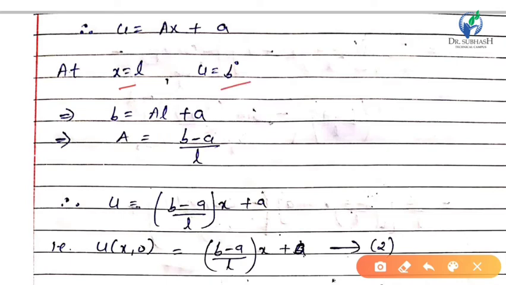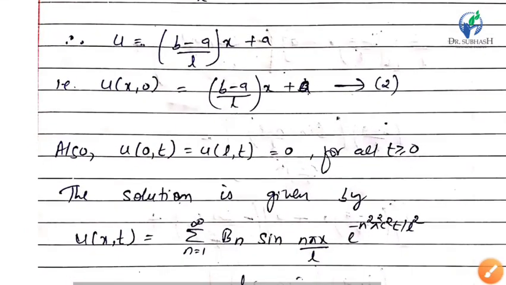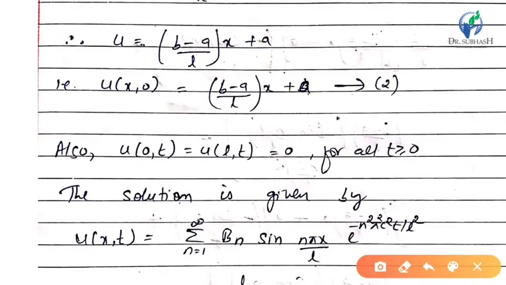So when I put this in equation u equal to ax plus a, I get B equal to a into L plus a. Therefore, a equal to B minus a upon L. Now we put these values in the above equation. So I get u equal to b minus a upon L into x plus a.